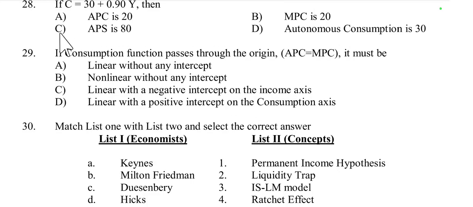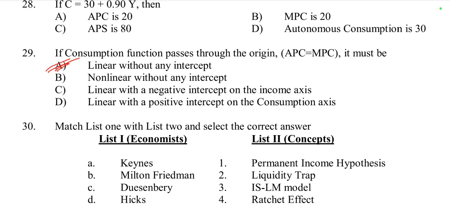So if the consumption function passes through the origin, then it must be linear without any intercept. So option A is right here, because we know that a linear function is one with a constant slope.